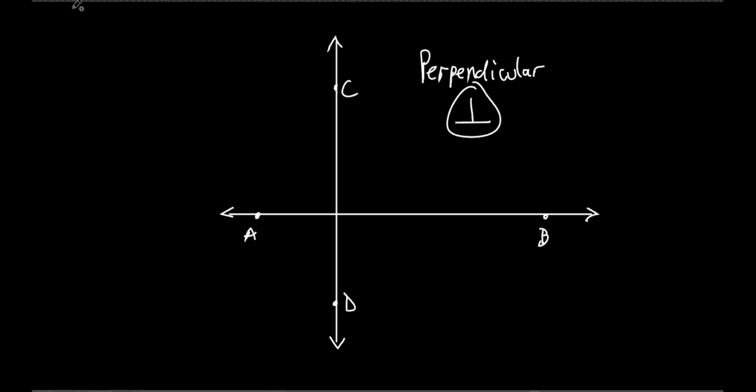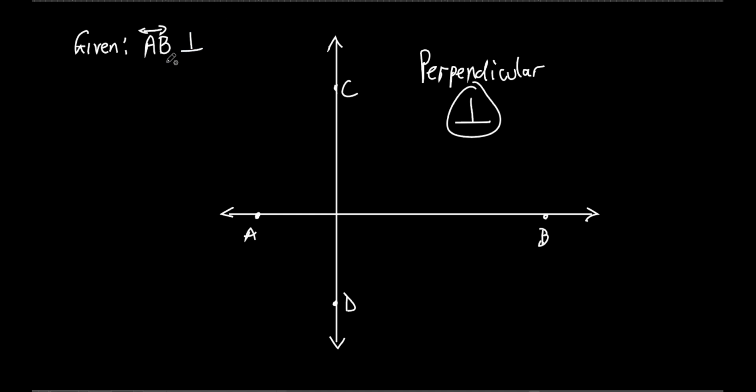In the instructions, they could tell you, and a lot of times they use this word given, they could say that line AB, so I have to put the line symbol over top of it, is perpendicular, right? There's the symbol.